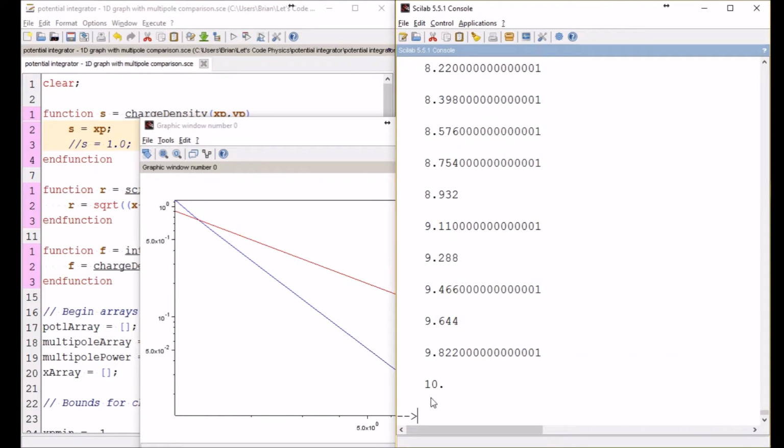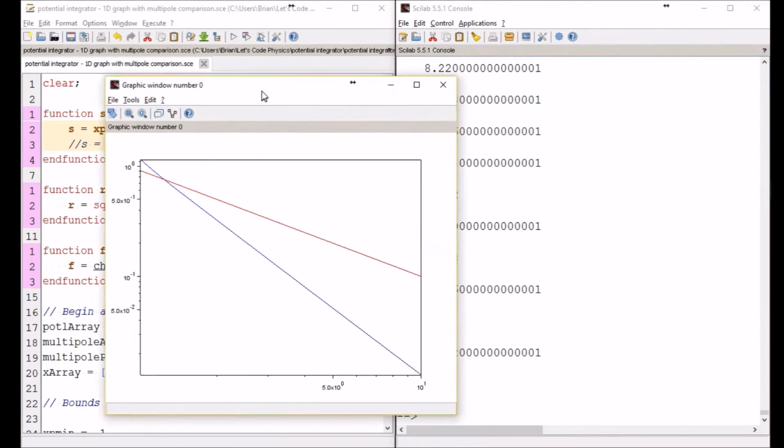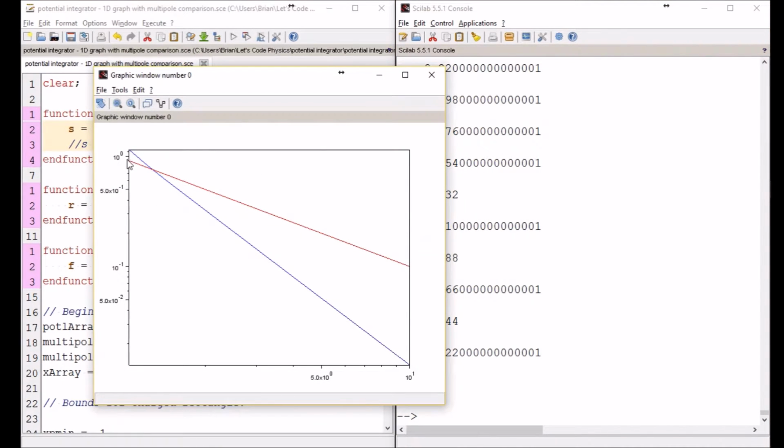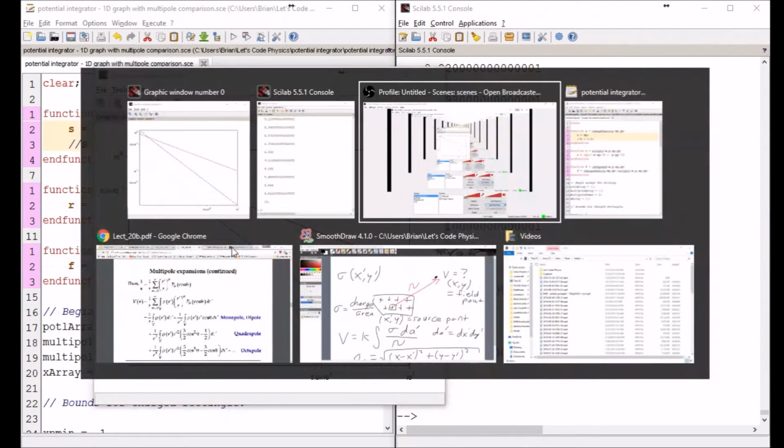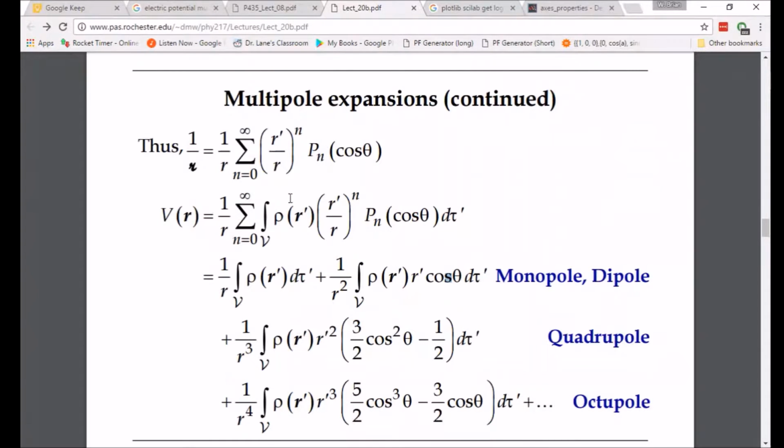Okay, so our iterator reached 10. I come over here. My red curve still has an overall slope of -1, right? It's still going down by 1 and over by 1. But my blue curve has a steeper slope. It's going down 2 and over 1, so it's got a slope of -2. That -2 corresponds to the dipole term over here.